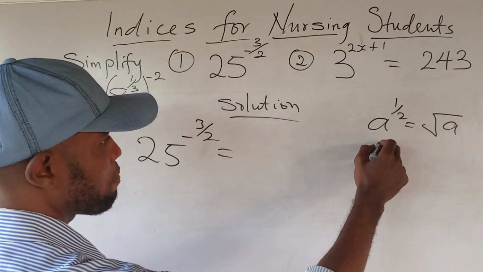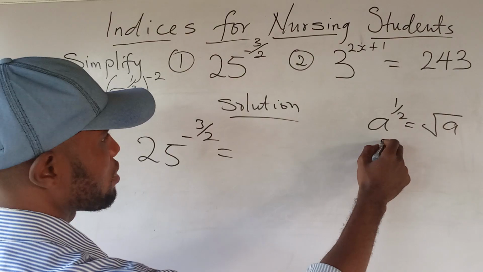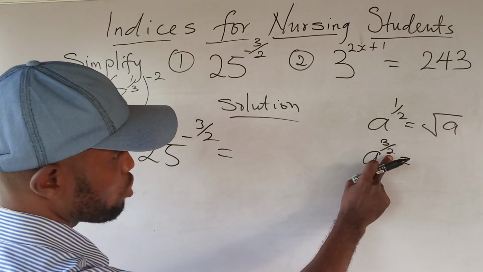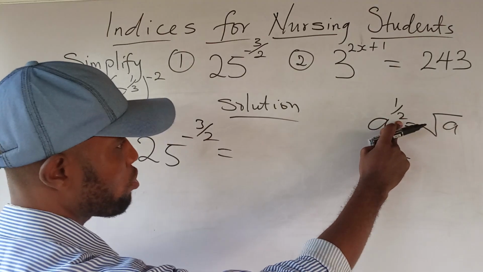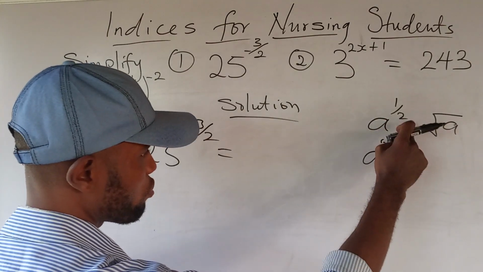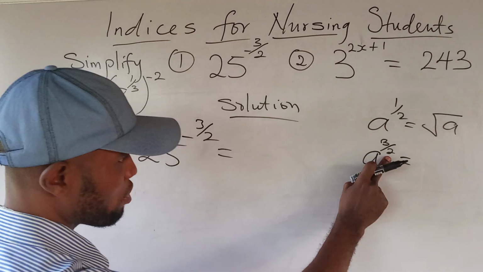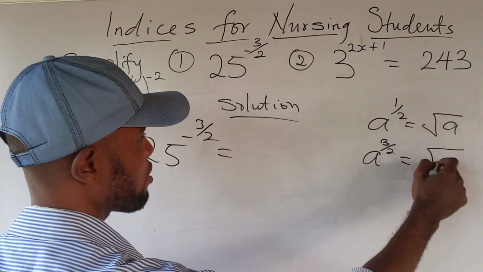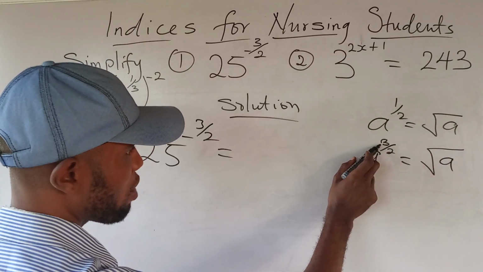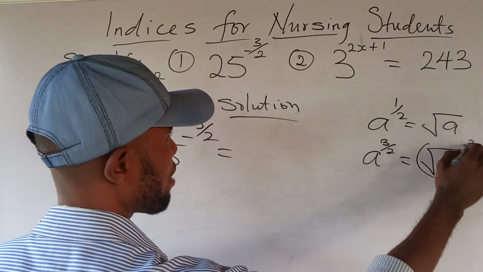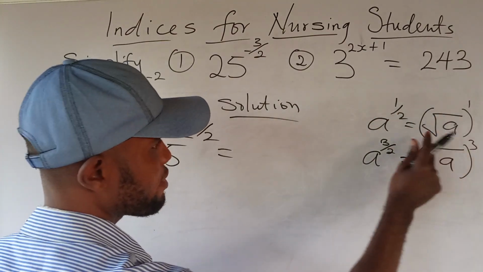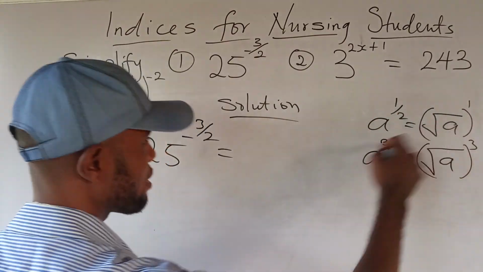If I say a raised to power 3 all over 2, when the denominator is 2, it becomes square root. So we are going to have square root of a, then raise it to the power of this 3. For the 1 over 2 case, we should have raised it to the power of 1, but anything we raise to power 1 becomes that same thing.